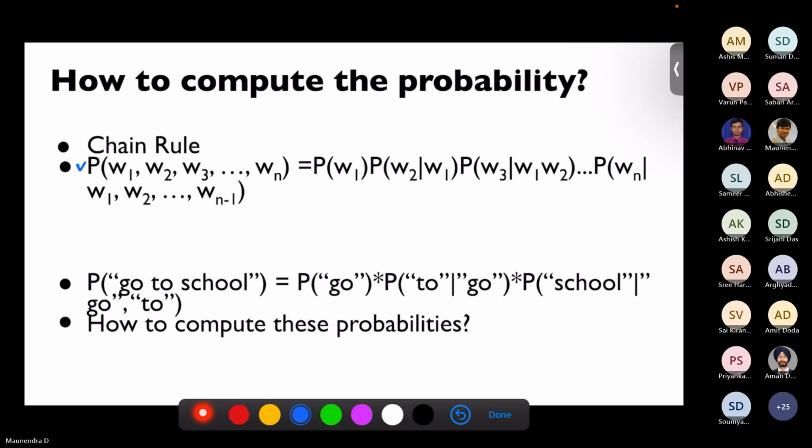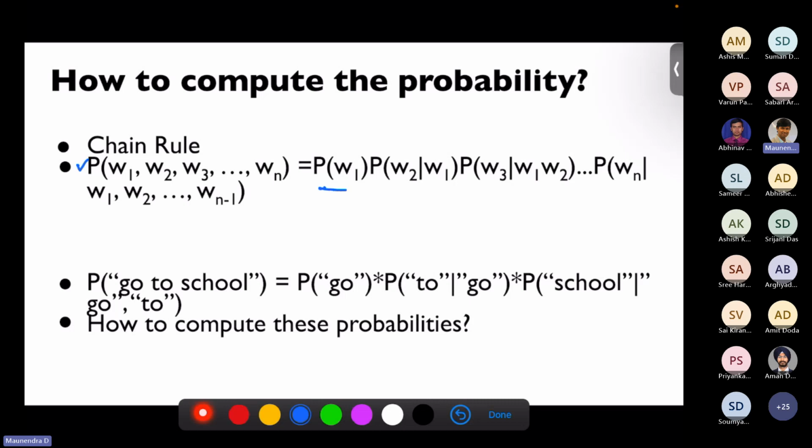We'll start with P(W1), assuming that there is a sequence in which the words are there: W1, W2, W3 like that. It's a sequence that we are talking about, so the ordering is also there.